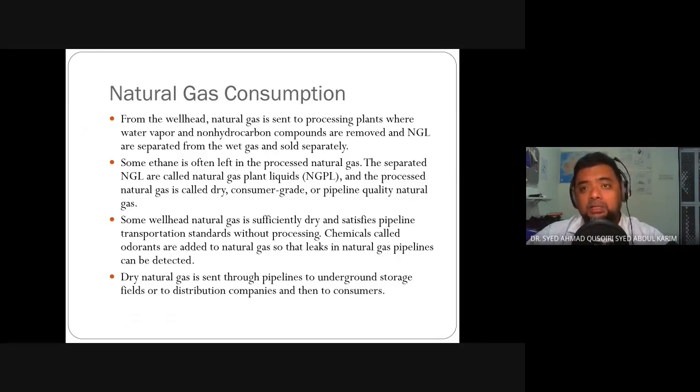The smell of gas that we sometimes experience is not natural. It is put there so that we are able to detect leakage, because natural gas in its original form is a colorless and odorless compound. So dry natural gas is sent through pipelines, through underground storage fields, or to distribution companies and then to consumers.